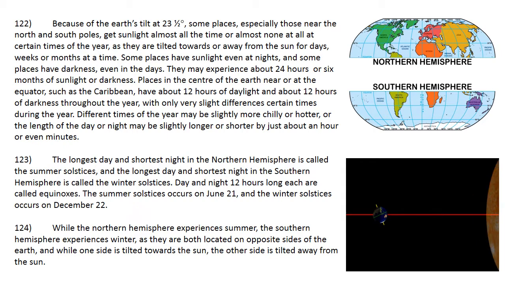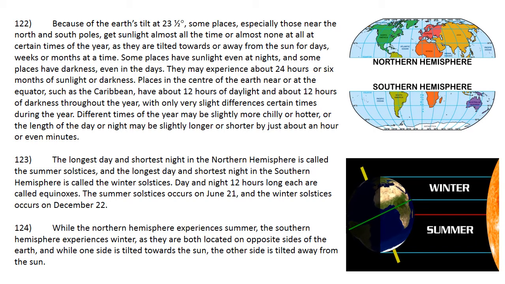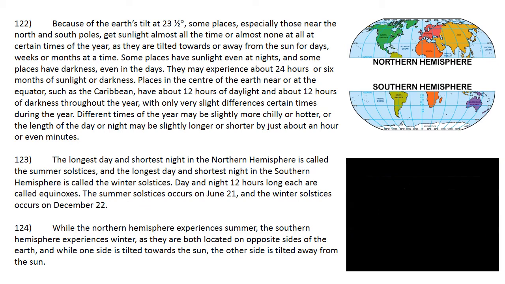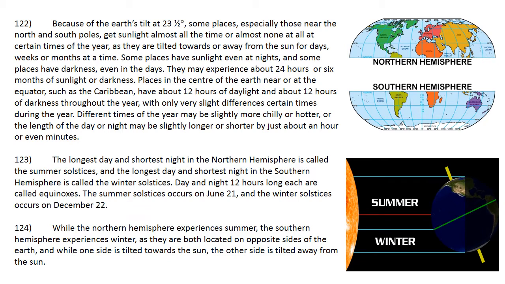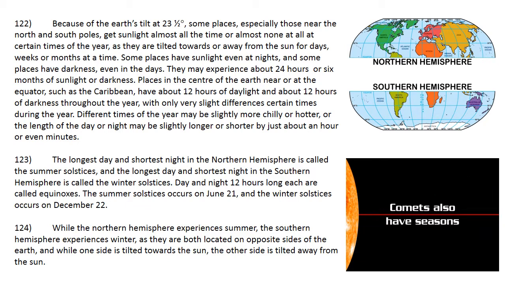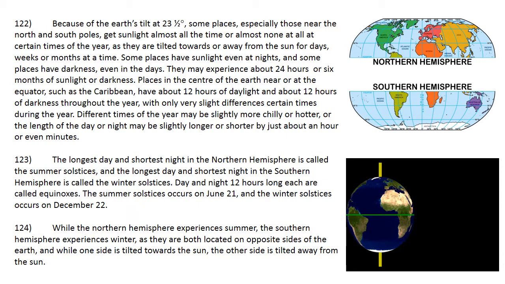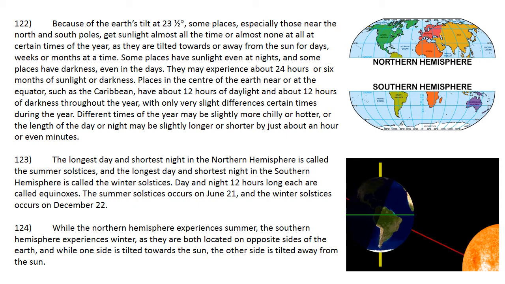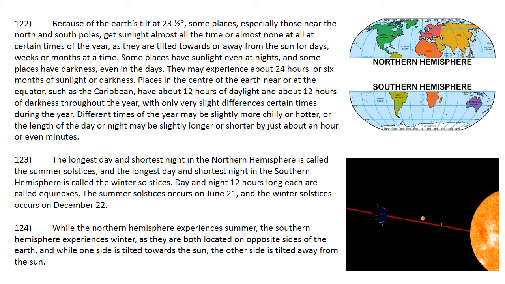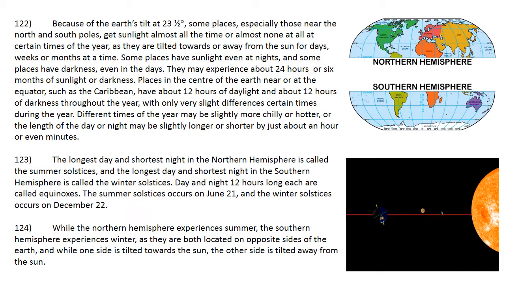Some places in the center of the earth, near or at the equator, such as the Caribbean, have about 12 hours of daylight and about 12 hours of darkness throughout the year, with only very slight differences at certain times during the year.